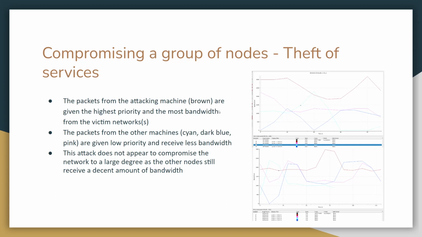This is because the attacking machine has a higher priority in relation to the other ones, which only receive a low priority. It does not completely compromise the network at all, but it does show that the attacking machine steals a lot more bandwidth than it really should have.